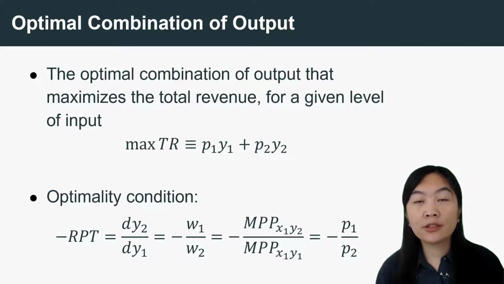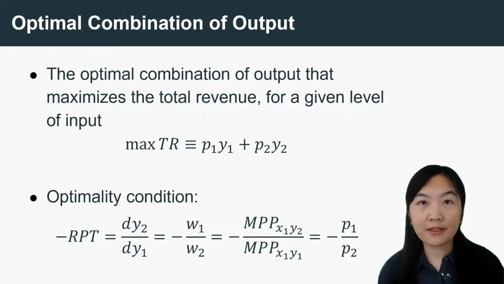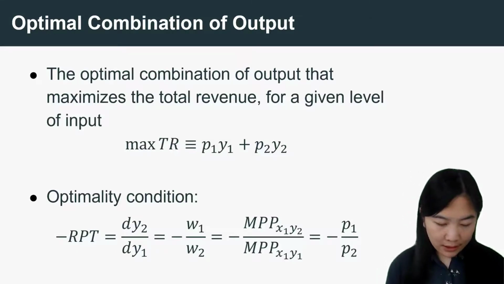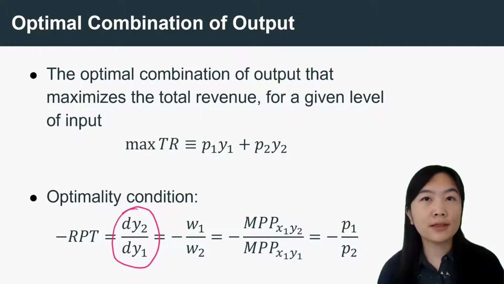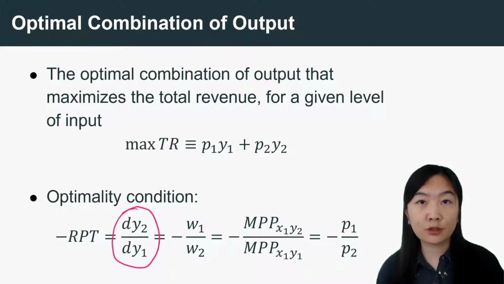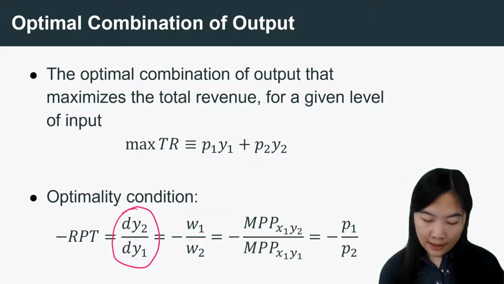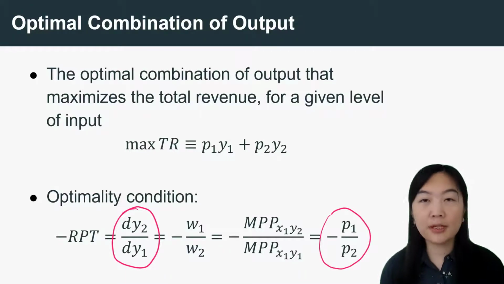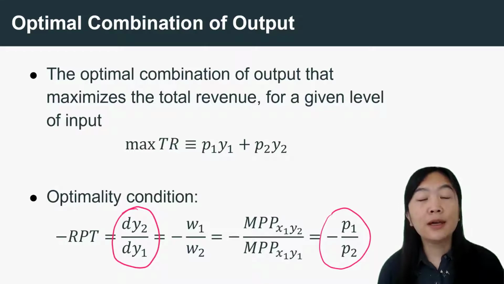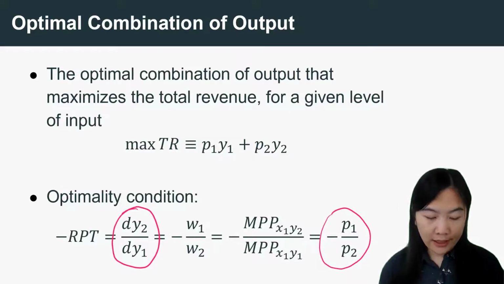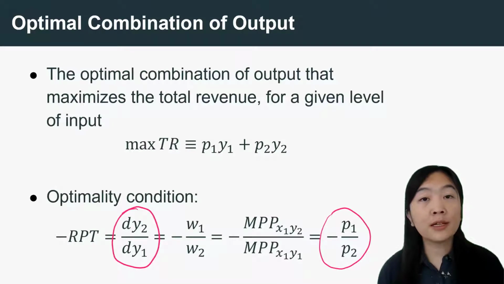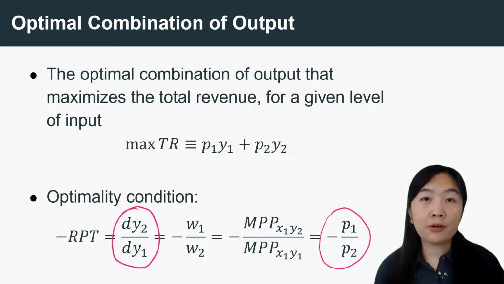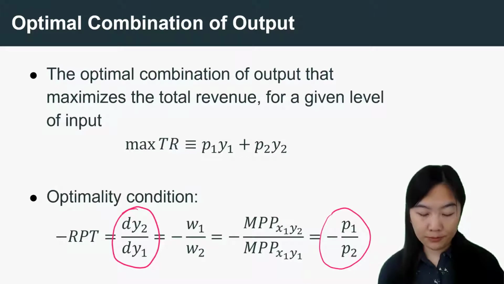And we can also write this condition mathematically. Here, this dy2 over dy1 is the slope of the product transformation curve, and this minus P1 over P2 is the slope of the ISO revenue line. So when those two are equal to each other, you find the point to maximize revenue.